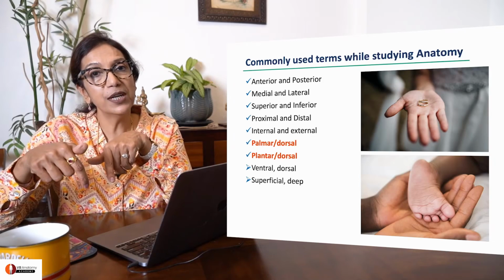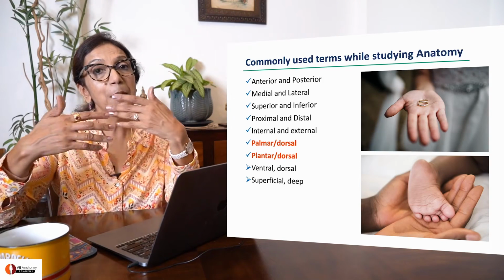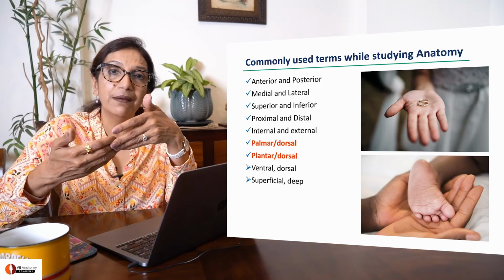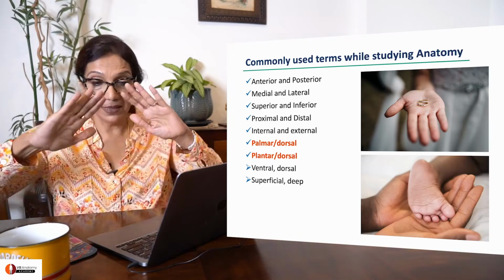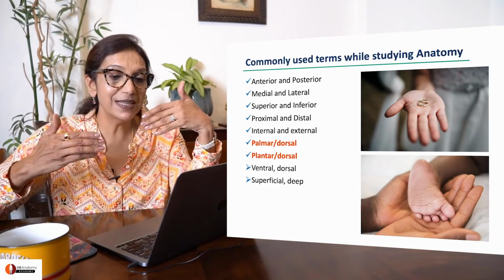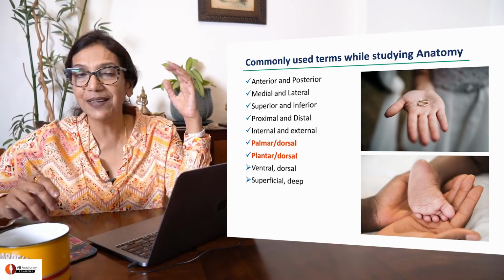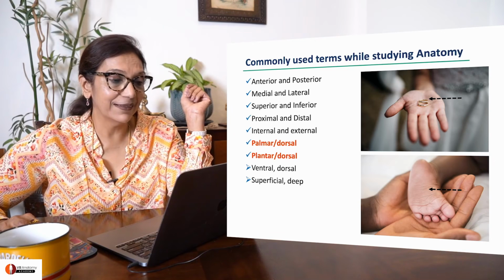Same thing works for your feet as well. The dark side of your feet is dorsal. The pale side is your plantar. The sole that rests on the ground is plantar. But the dark side of your feet is dorsal. Use these terms regularly, you will get the hang of it. So this is palmar, this is plantar.